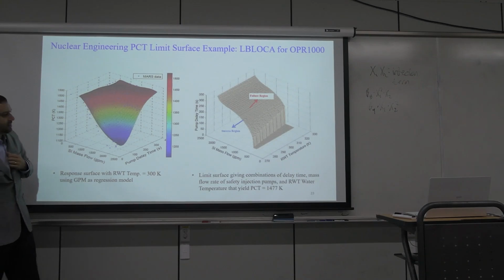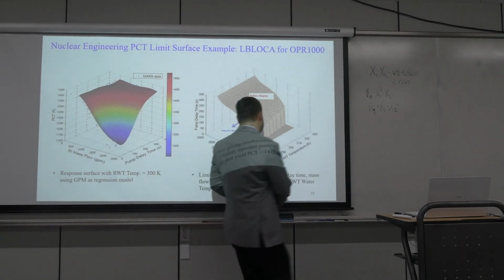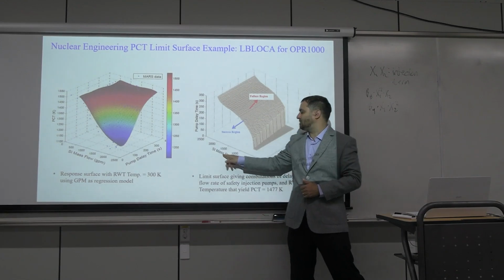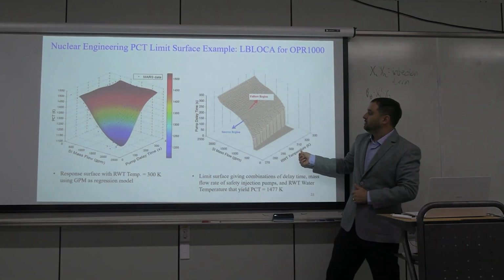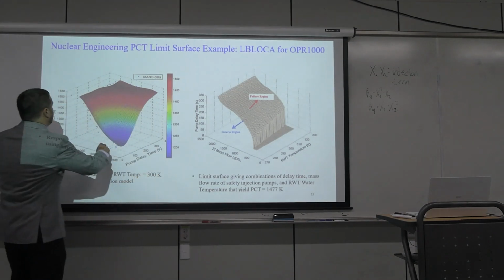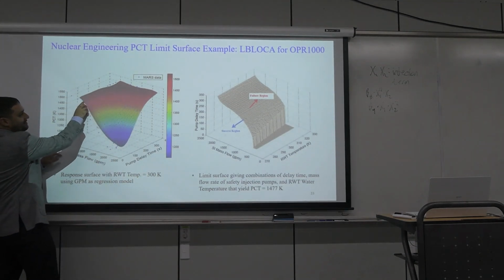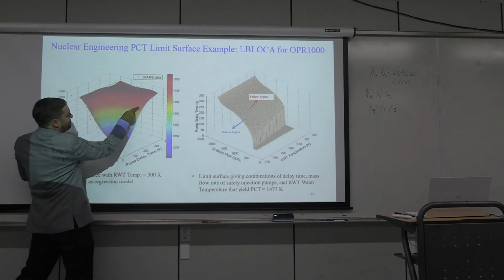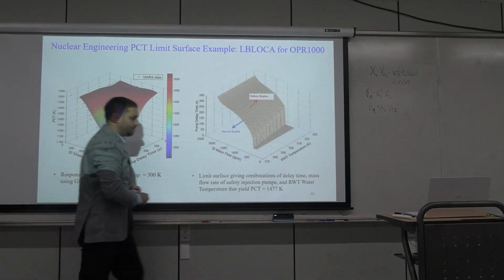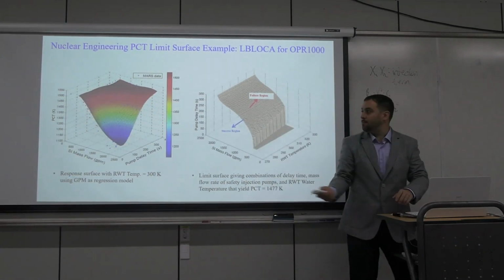Okay? But with the limit surface, our 3 axes are x1, x2, x3. And basically what this surface represents, if we take the 1477, it's sort of an arc, okay? Let me put the screen up and I can draw.